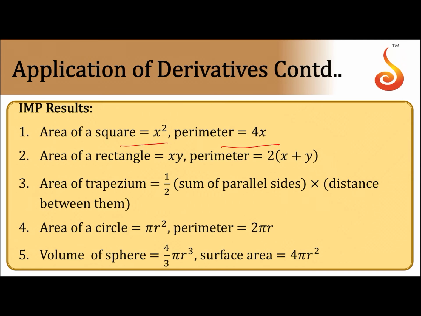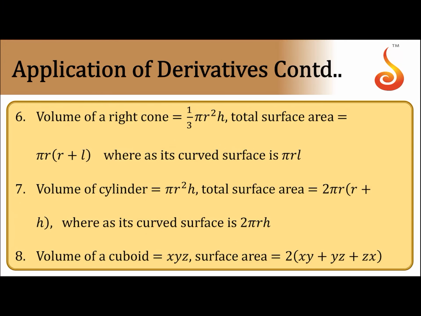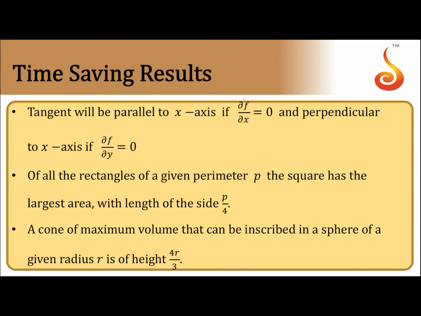From lower classes we have seen the area and perimeter of a square, rectangle and circle, the volume and surface area of a sphere, and so on. The volume of a right circular cone is 1/3 pi r square h, the surface area is pi r multiplied by r plus l, and the curved surface area is pi r l. The volume of a cuboid is xyz and the surface area is 2 times xy plus yz plus zx.